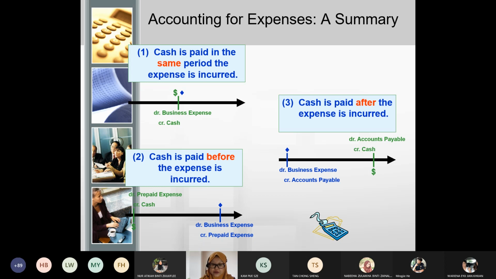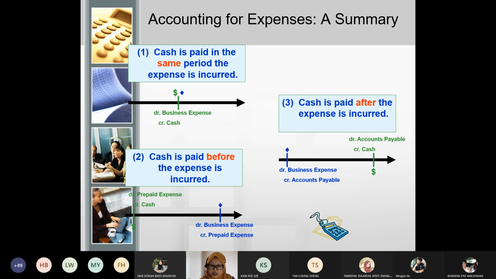For the first one, if the cash is paid in the same period when the expense is incurred, the journal entry to record this transaction is we debit the expense and we credit cash. In the second situation, if the cash is paid before the expense is incurred, then the journal entry to record the cash payment is we debit prepaid expenses and we credit cash.